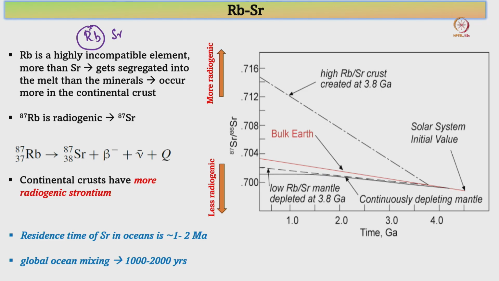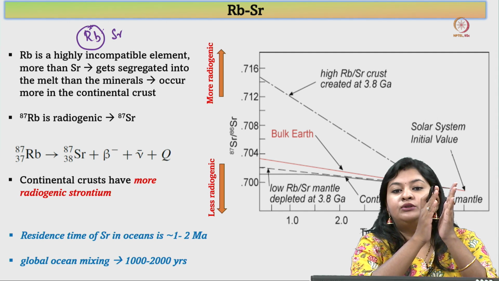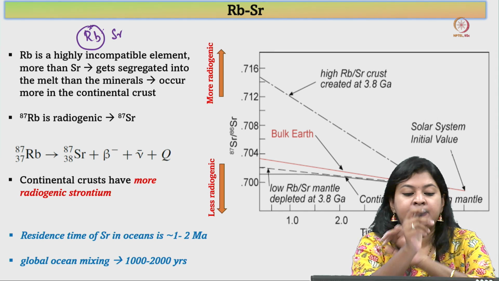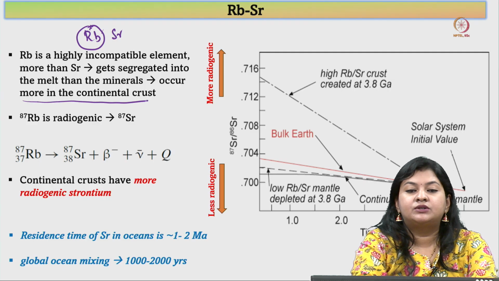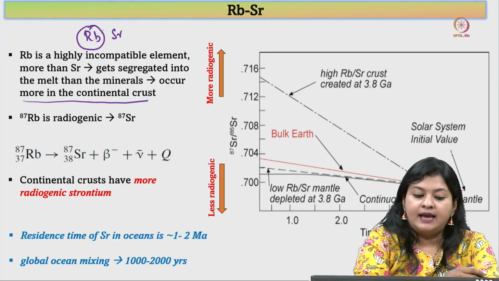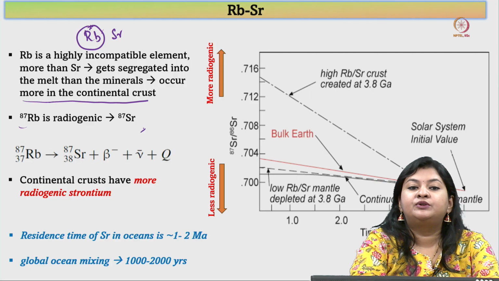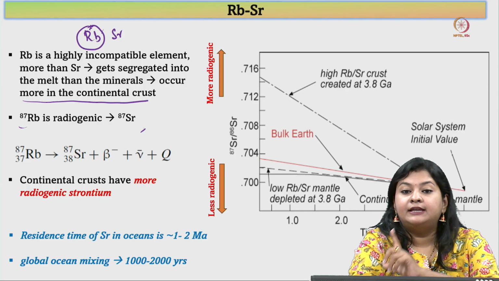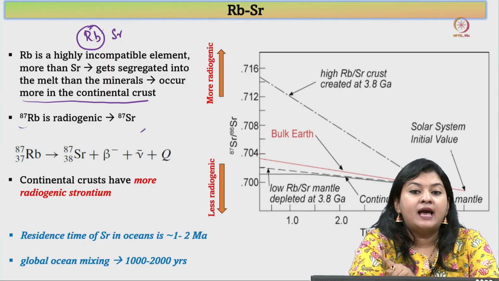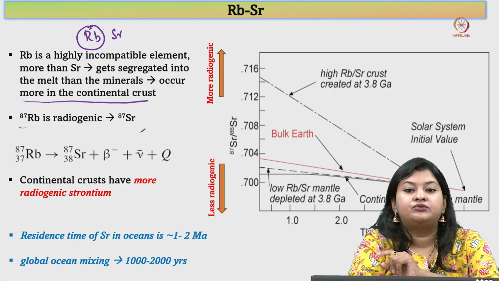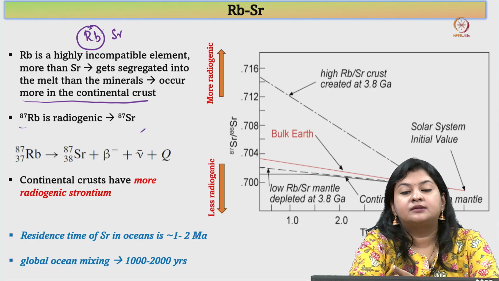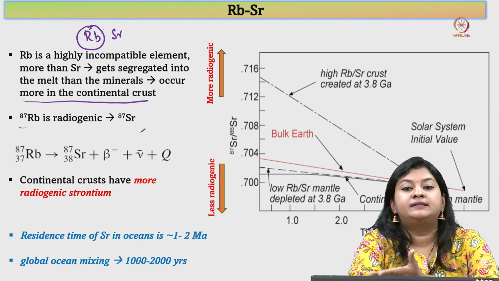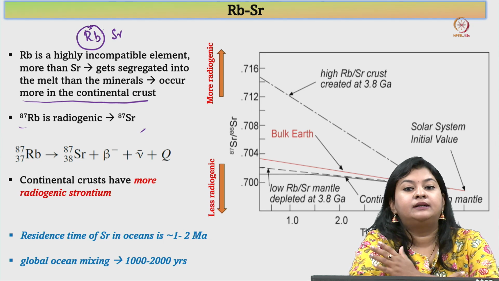So, rubidium will be more enriched in the earth's crust as compared to strontium. Therefore, their occurrence in the earth's continental crust will be very high. And 87 rubidium is radiogenic, it will produce 87 strontium. That means the earth's crust will have more radiogenic strontium, more radiogenic daughters, because the parent atom, 87 rubidium, is higher in the crust.